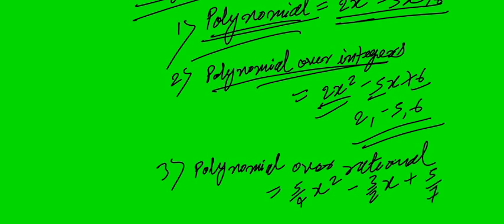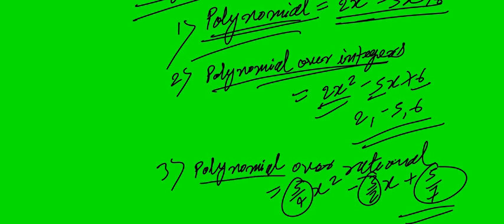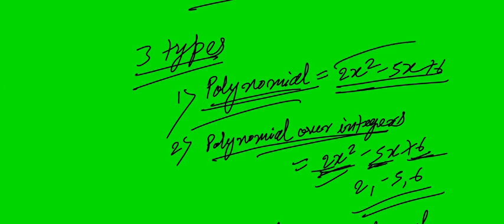Here you can see 5 by 4, minus 3 by 2 and 5 by 7 are all rational numbers. So this type of polynomial is called a polynomial over rationals, and 2x square minus 5x plus 6 is called a polynomial over integers. So these are the types of polynomials, and this one is called a general polynomial.